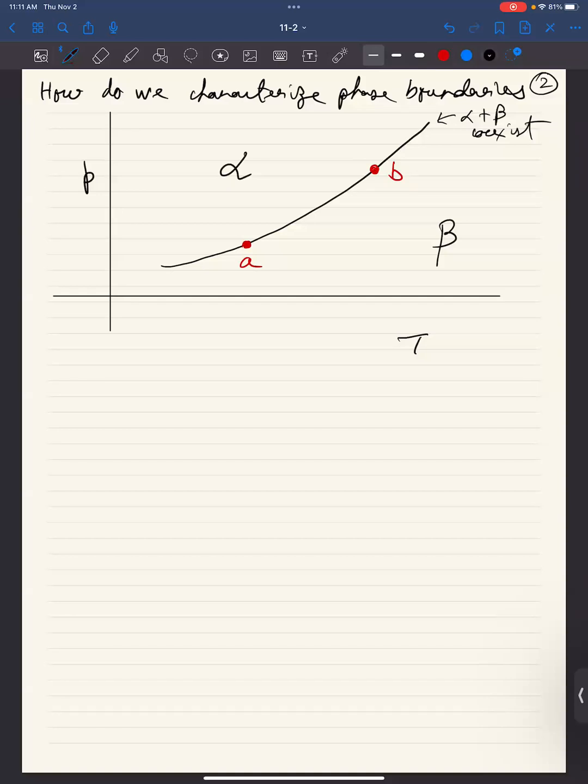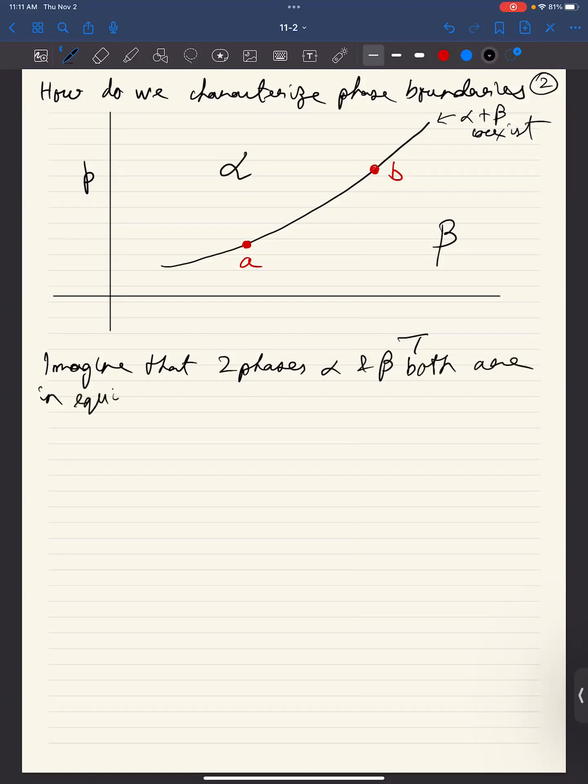So now let's imagine that two phases, as is clear from this diagram, two phases, alpha and beta, both are in equilibrium in a one component system. So we are talking about a one component system.